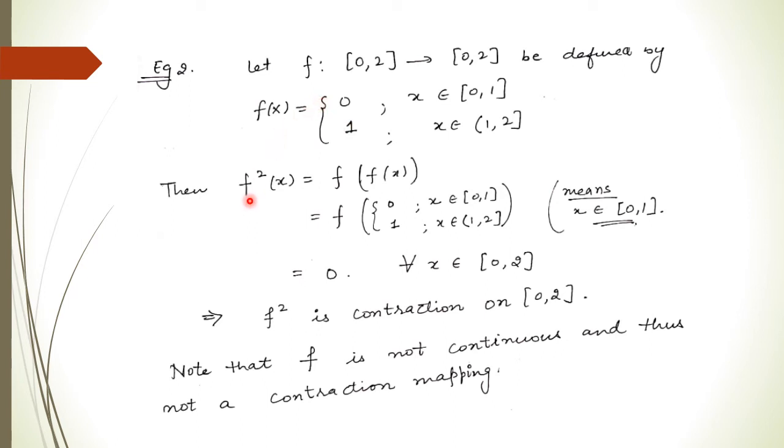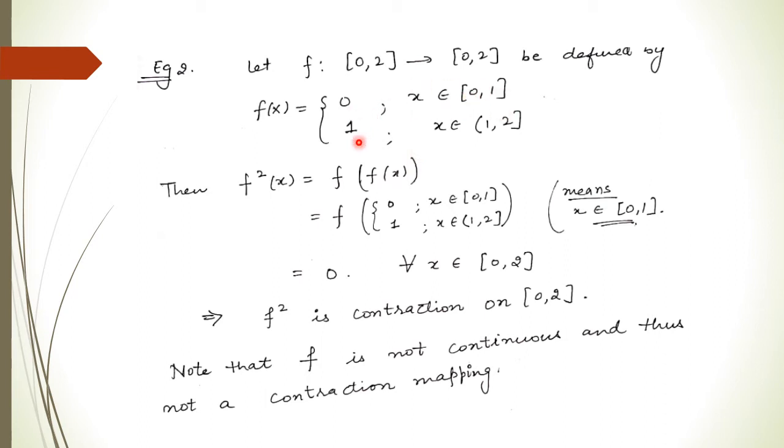However, if we find f square of x, this is f of f of x. Now substitute the value of f of x. What is f of x? Whenever x belongs to the closed interval [0, 1], it is 0, otherwise it is 1.